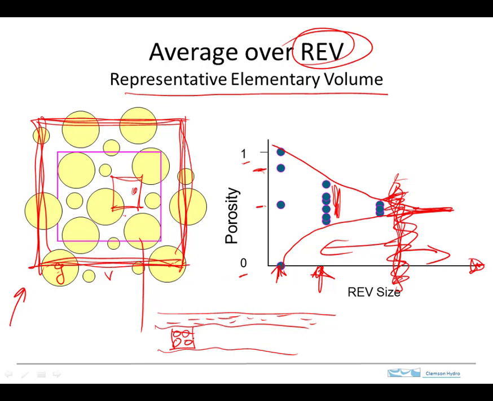And so as we make the REV size larger, we go from these discrete grains where the porosity is variable, to a point where the porosity is roughly consistent. But as we go larger yet, then we might start averaging different materials, and so at larger sizes out here someplace, the porosity may drift yet again.